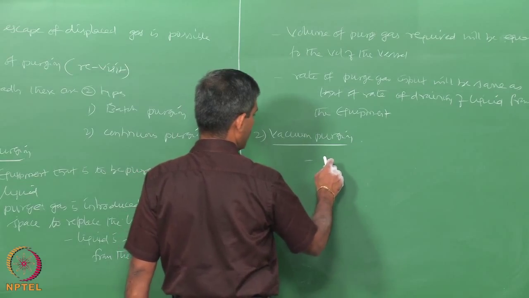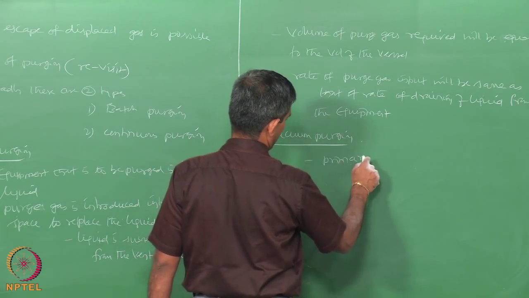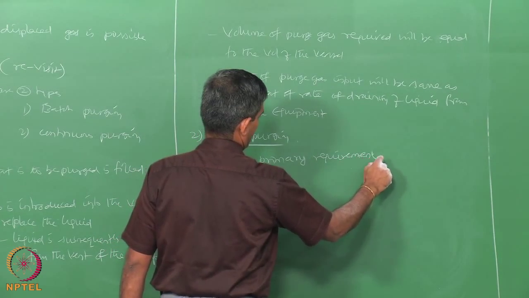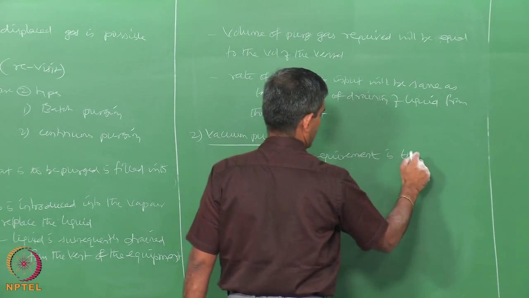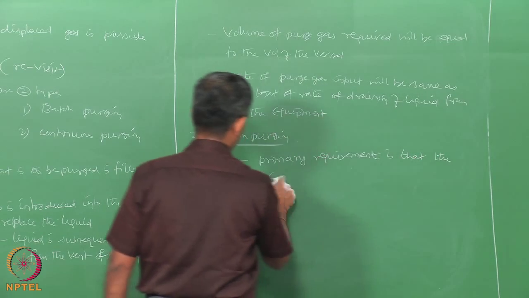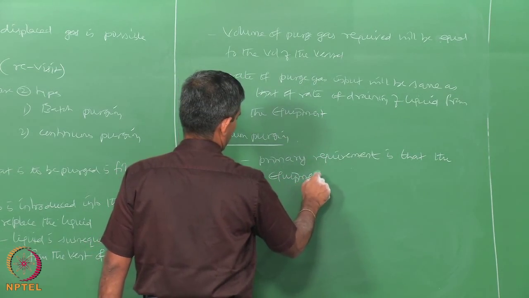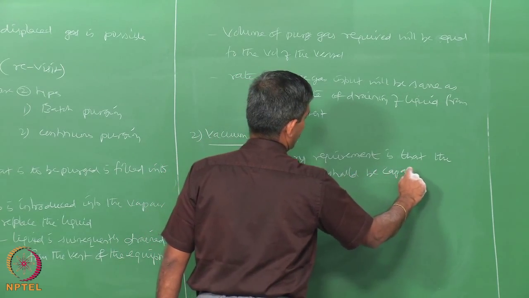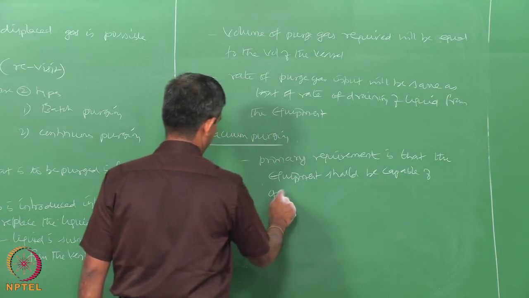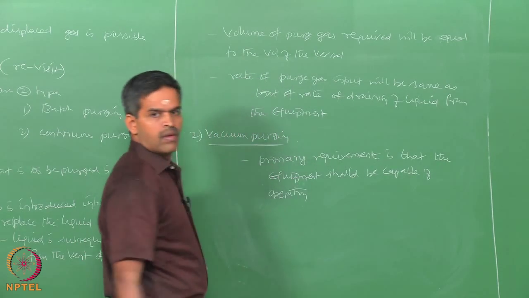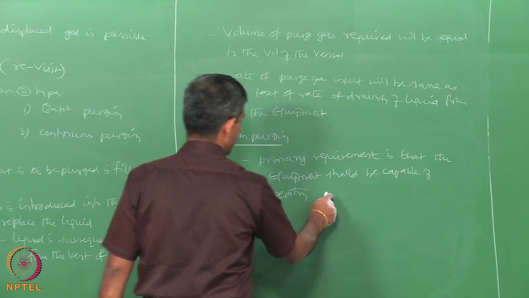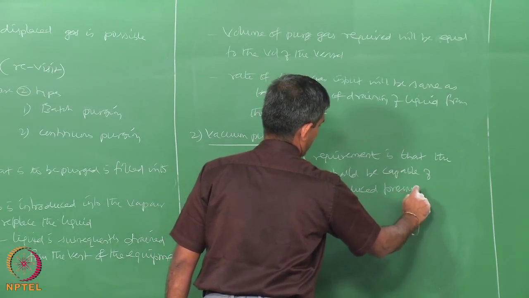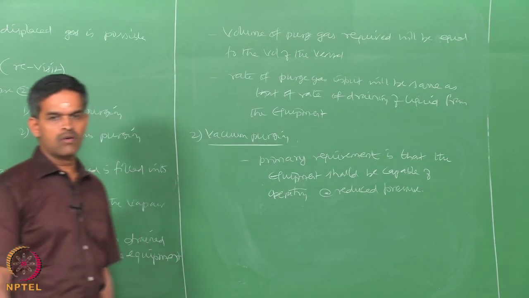So, the primary requirement is that the equipment should be capable of operating at reduced pressure. Then only one can go for vacuum purging.